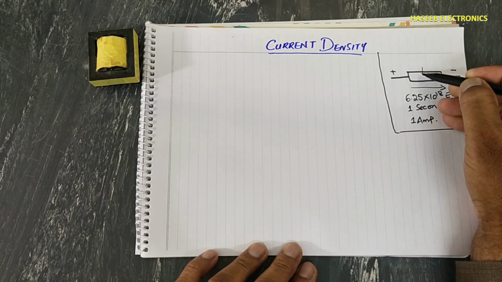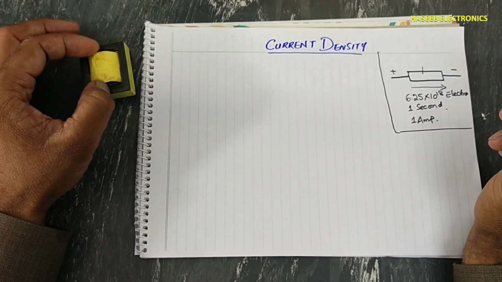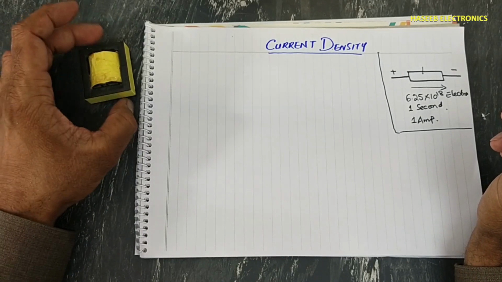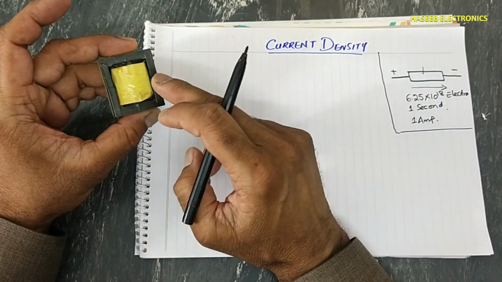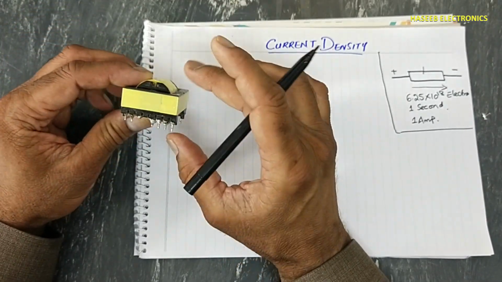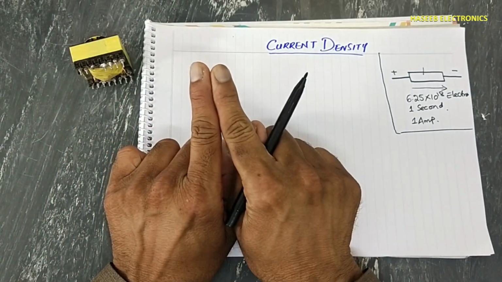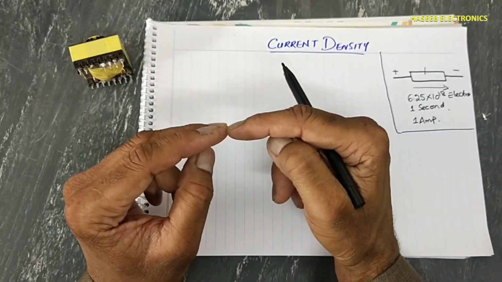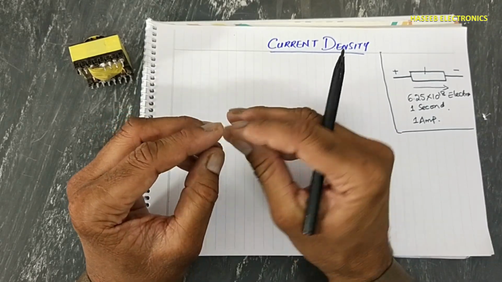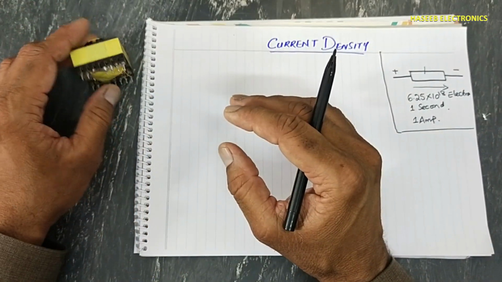Any point here, there. But when we say transformer, it has a ferrite core, it has a bobbin, it has winding, it has insulation, there is laminated wire, there are gaps between the wires, there are strands, so many parameters are involved here.